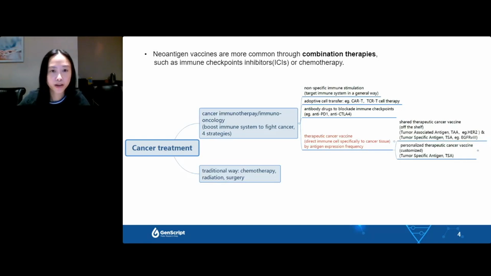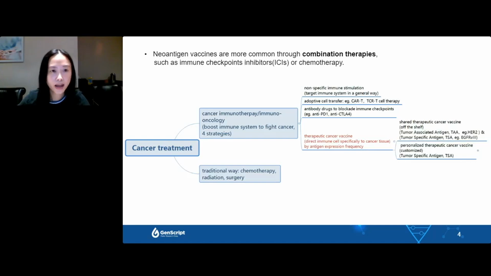There are four strategies, and the therapeutic cancer vaccine is one of them. Other ways are antibody drugs to block immune checkpoints, like anti-PD-1 and anti-CTLA4, and adoptive cell transfer, like CAR-T therapy or TCR-T therapy. And the rest is non-specific immune stimulation.